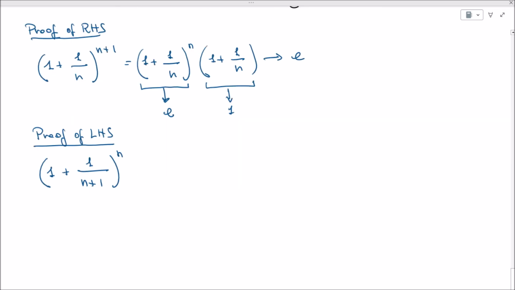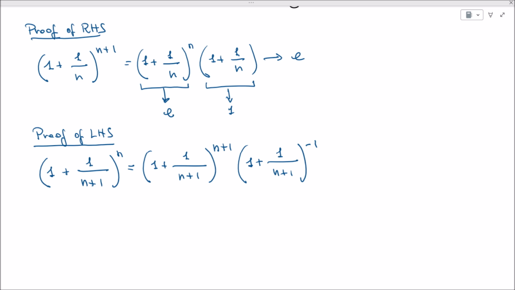Well, we can say that this is equal to 1 plus 1 over n plus 1 all raised to the n plus 1, and then we multiply by 1 plus 1 over n plus 1 to the minus 1. In fact, if you do the product of these two terms, you will find exactly the left hand side.